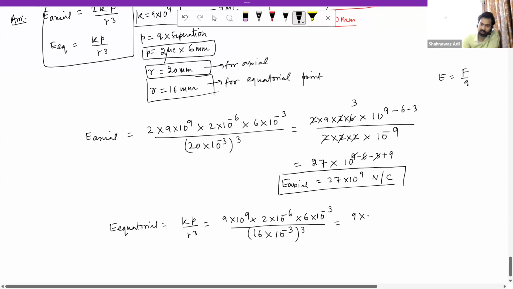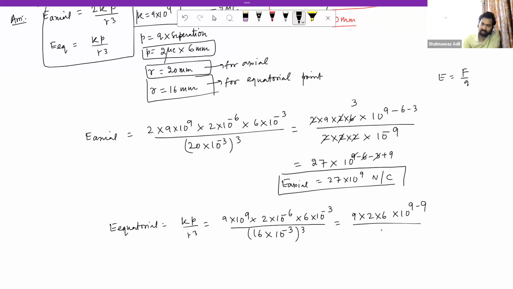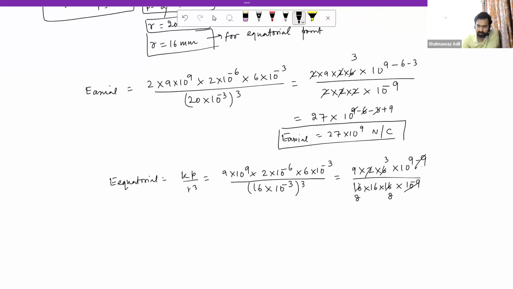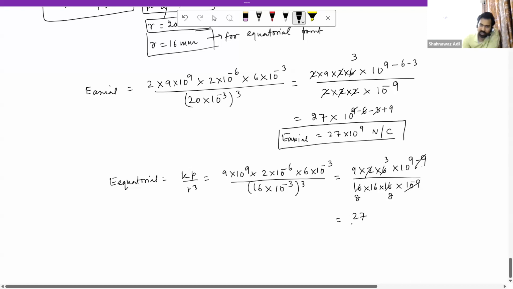This is 9 into 2 into 6, and then 10 to the power 9 minus 9, divided by 16 into 16 into 16, and then 10 to the power minus 9. So this minus 9 and this 9 cancel, and what do we have? So this is 2, 8, and then this is 3, and then this is 8. So 27 by 64 into 16, and into 10 to the power 9.